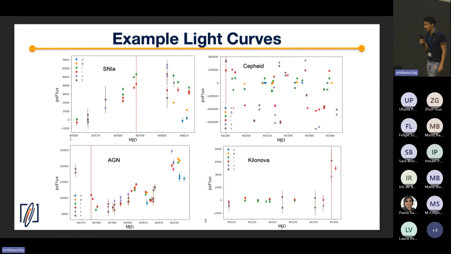So just so that you can get an idea, I show here a few examples of light curves like Supernovae 1A, Cepheid, AGN, and Kilonovae light curves, so that you can see a bit the cadence.